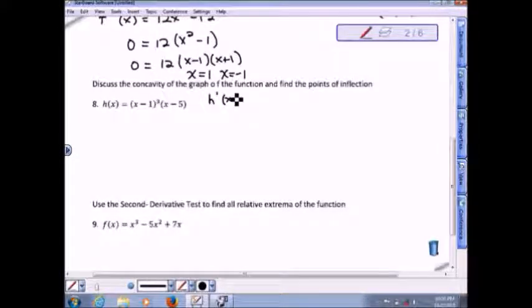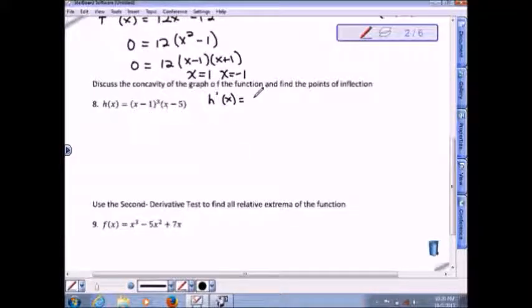So start with the first derivative, h prime of x. Now these two are forming a product. Remember the product property. If h of x is the product of two separate functions, f of x times g of x, the derivative is f prime of x times g of x plus f of x g prime of x. That's the product property.